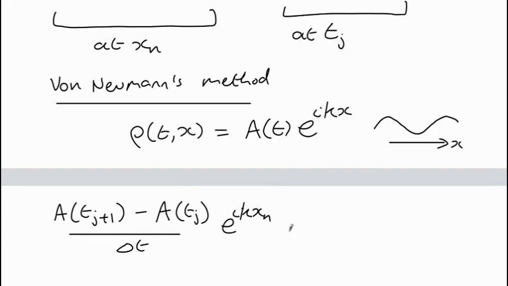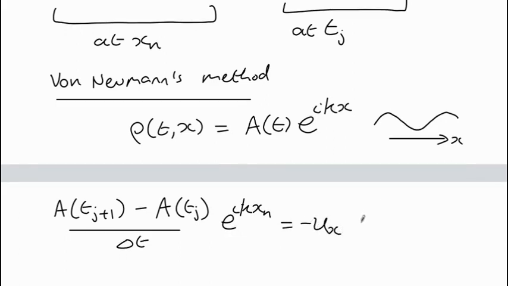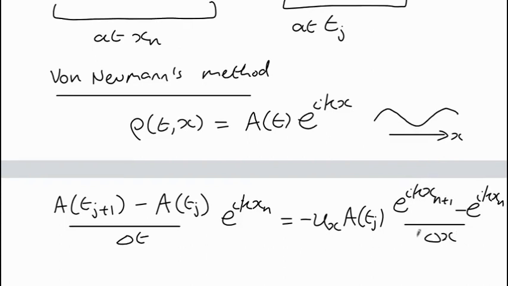Then we have the right side, the u_x term, and the right hand side is all at t_j, so this gives us an amplitude at t_j, and then we have the difference in space, so this gives us an e to the ik x_(n+1) minus e to the ik x_n, divided by delta x.